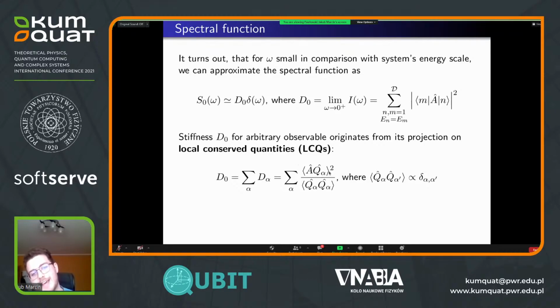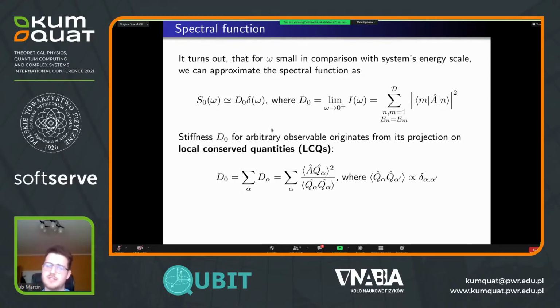It's a bit similar to calculating the projection of a vector on a subspace spanned by some set of vectors. So this is precisely the case here with these operators. And it's important to note that we have this equality here because we assume that we know all possible conserved quantities in our systems. What happens when we know only a subset of conserved quantities, I will tell later about it.